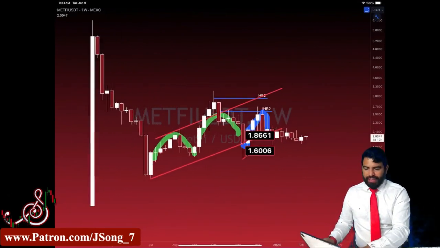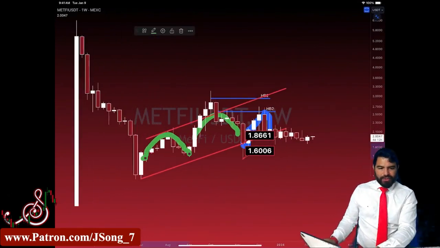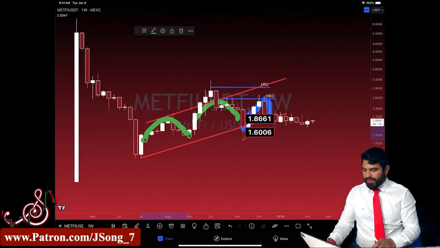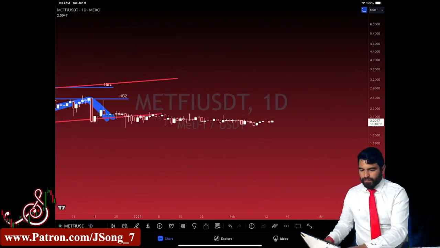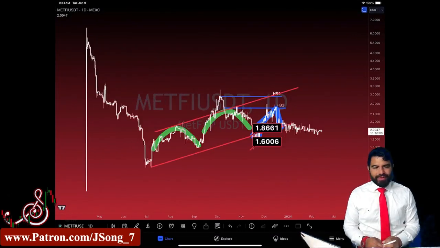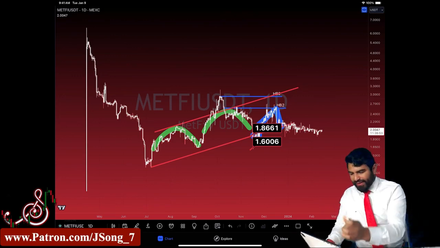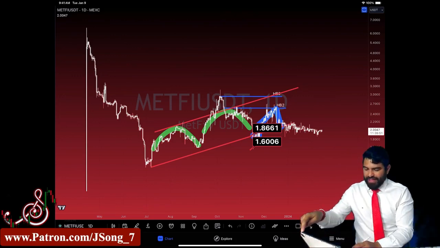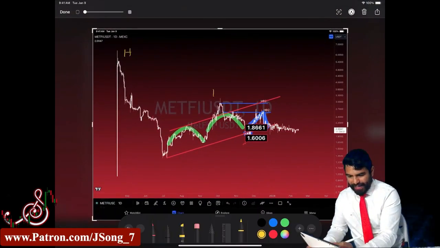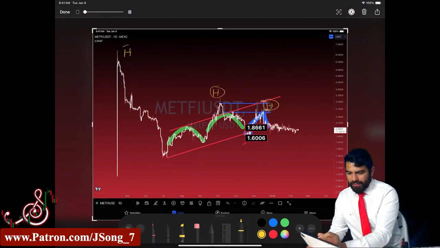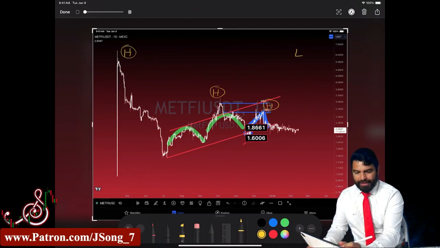Are we in an uptrend or downtrend? This one's a little bit tricky. Uptrend or downtrend? Anybody want to take a stab? On the larger story, there is a high here and a high here, and these highs are getting lower. So we're getting lower highs.